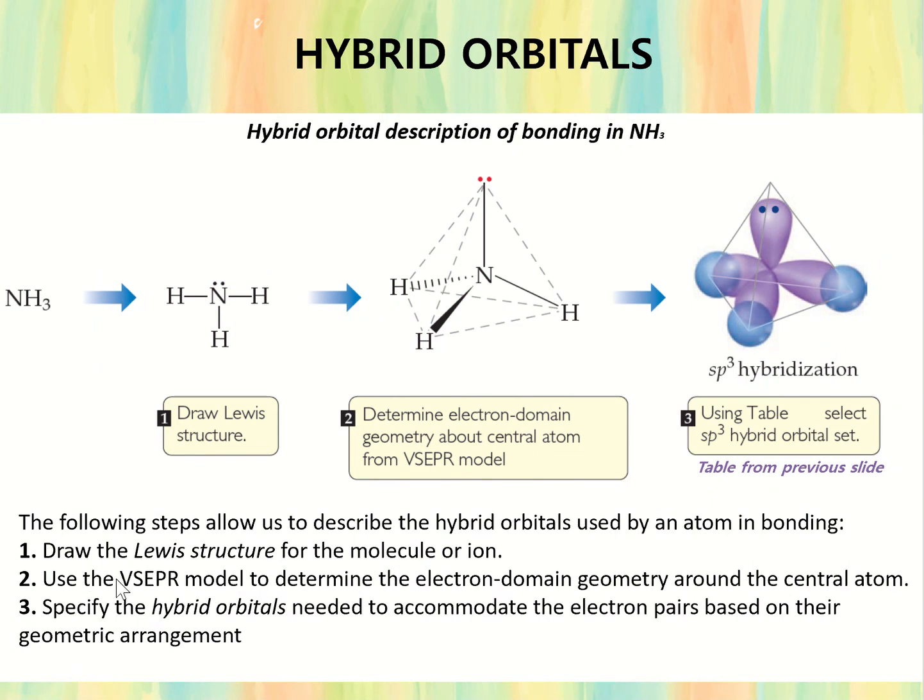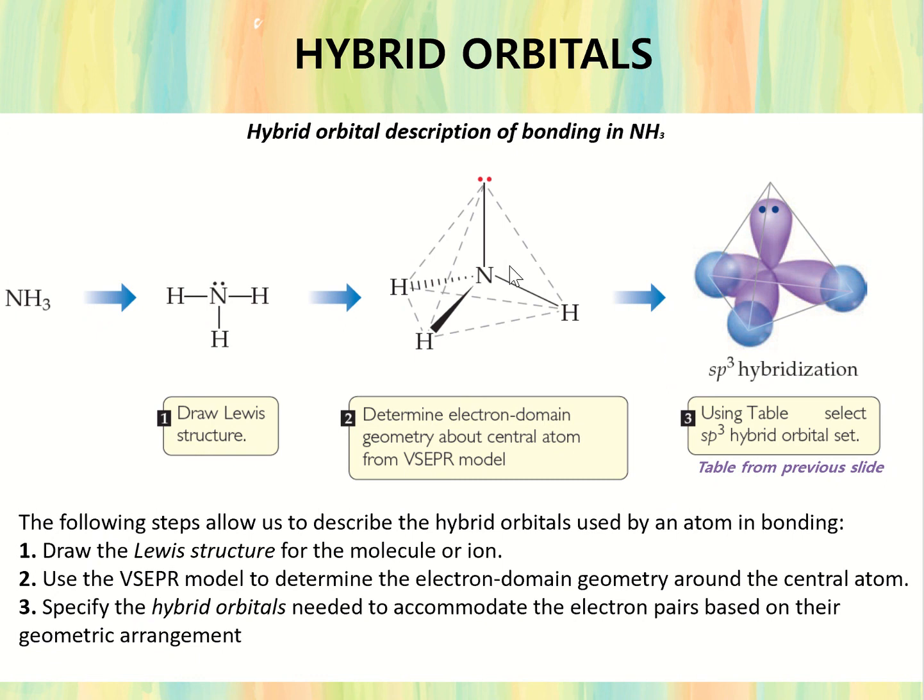Second step, use the VSEPR model to determine the electron domain geometry around the central atom. So clearly we can see here that we have 1, 2, 3, 4 electron domains, and because of that, the electron domain geometry would be tetrahedral.